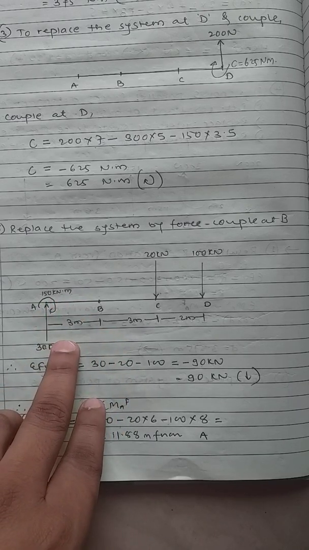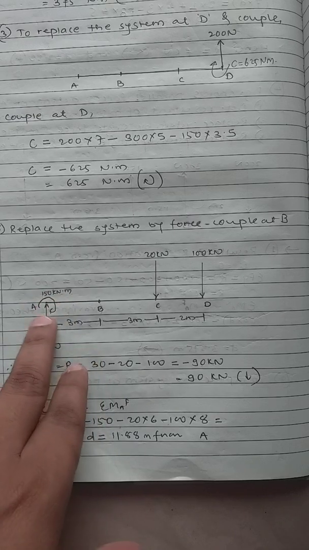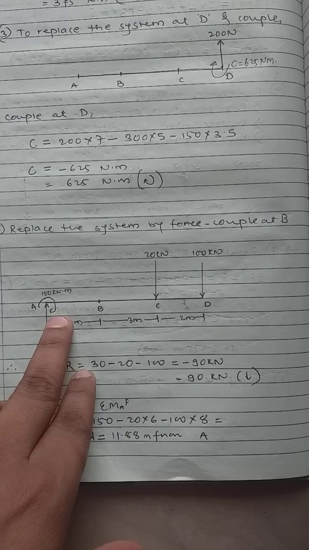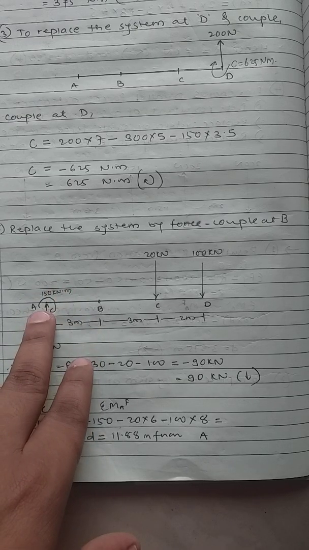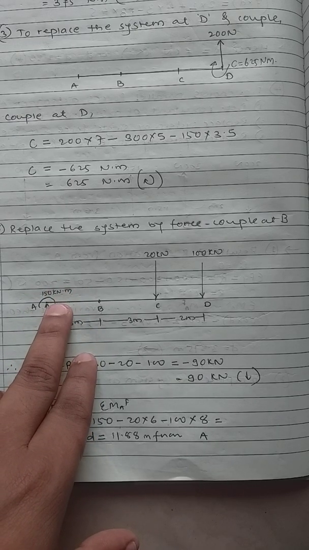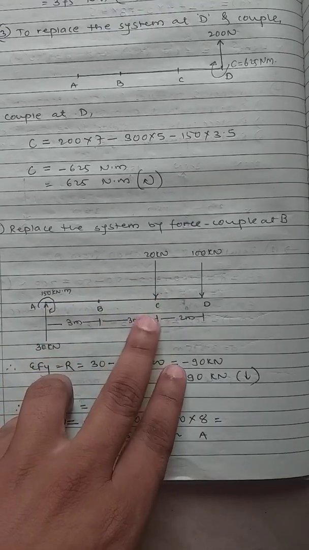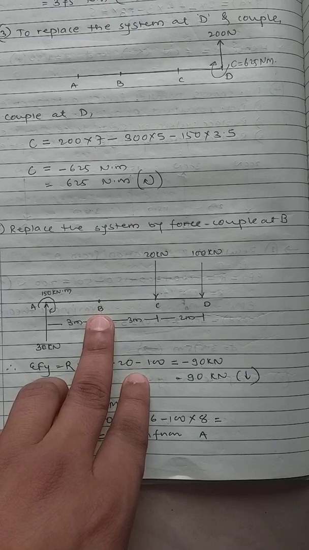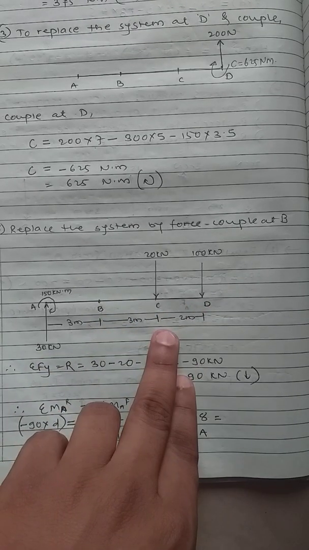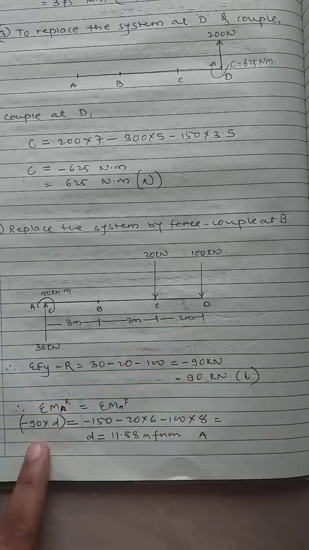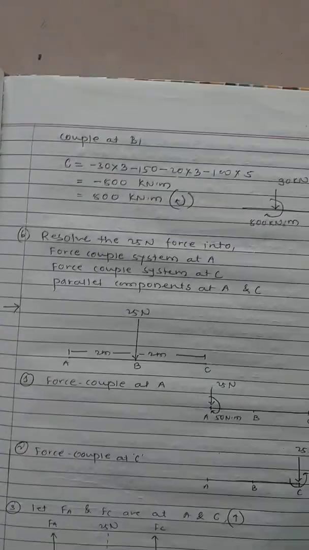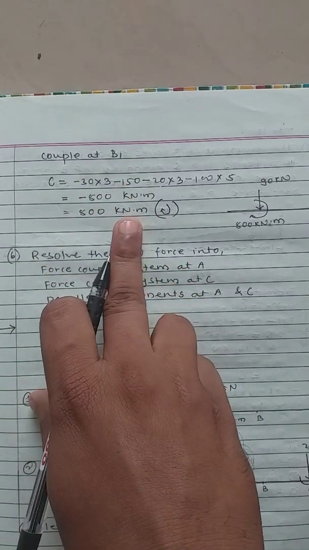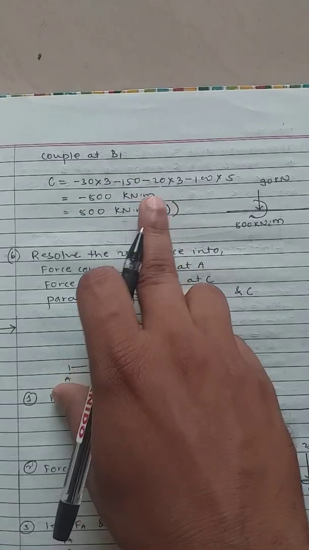Plus, directly we have to add the couple, which is again clockwise, so plus 150. Then 20 into 3 because we are considering the moment at point B, plus 100 into 5. That will be the total moment at point B. So the total moment or couple at point B equals 800 kilonewton meter in the clockwise direction.